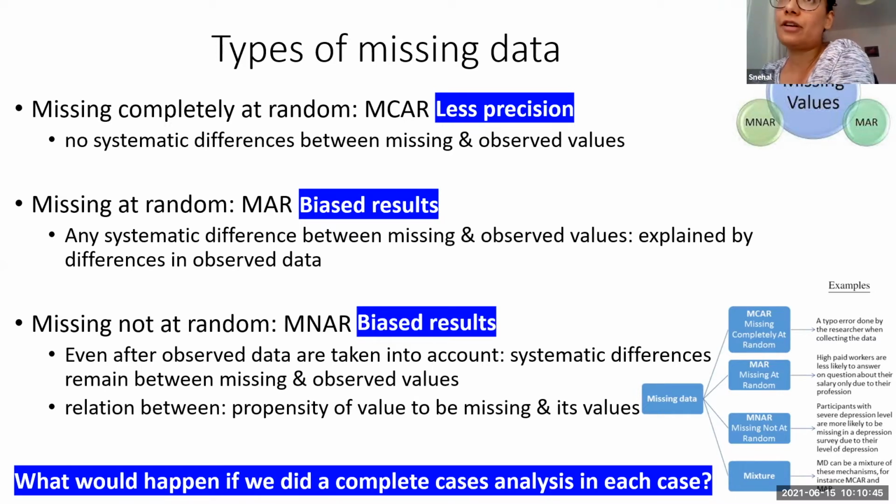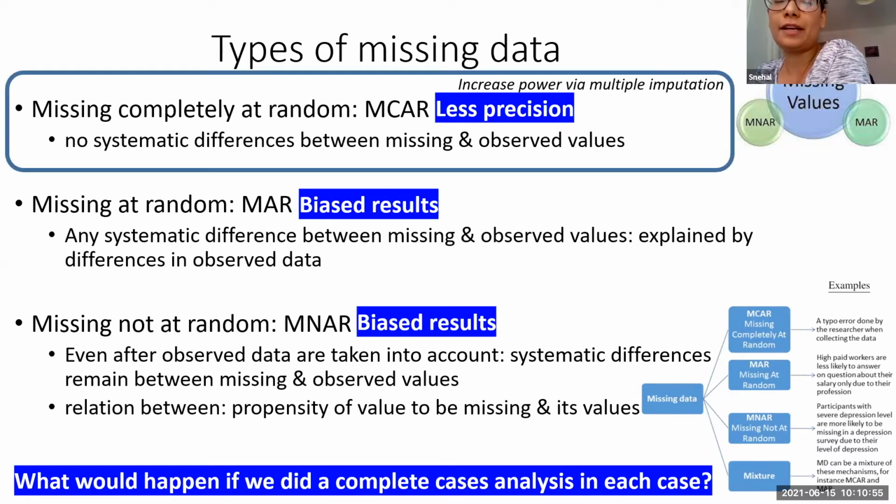Now, we can address some of these problems, okay, using something called multiple imputation. So if we did a multiple imputation when our data is missing completely at random, that's good because we can increase the power of our analysis. So we'll essentially be bumping up our analysis from 50 people back to the 100 people.